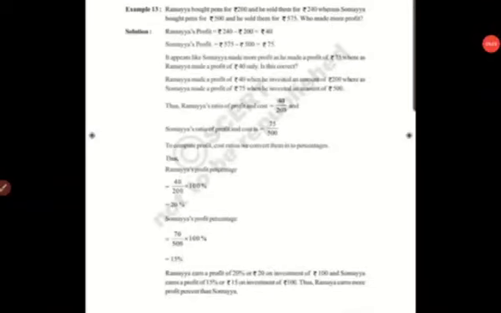So we have seen in the video how to calculate profit, how to calculate loss, and profit percentage and loss percentage, isn't it? The formulas are actually very easy to remember. Now let's see this problem which is on the screen.